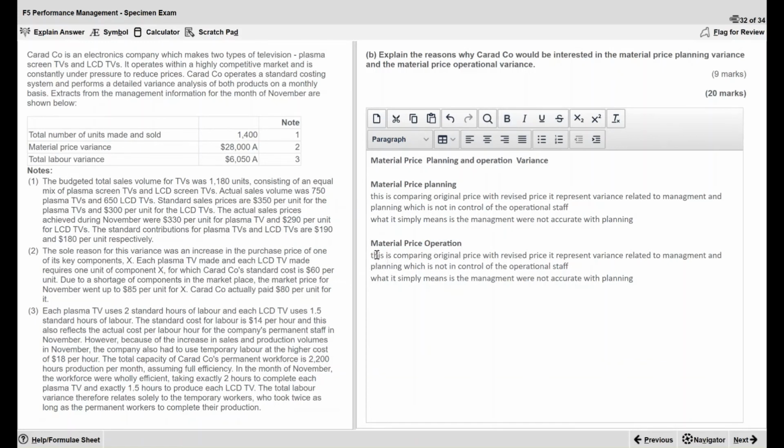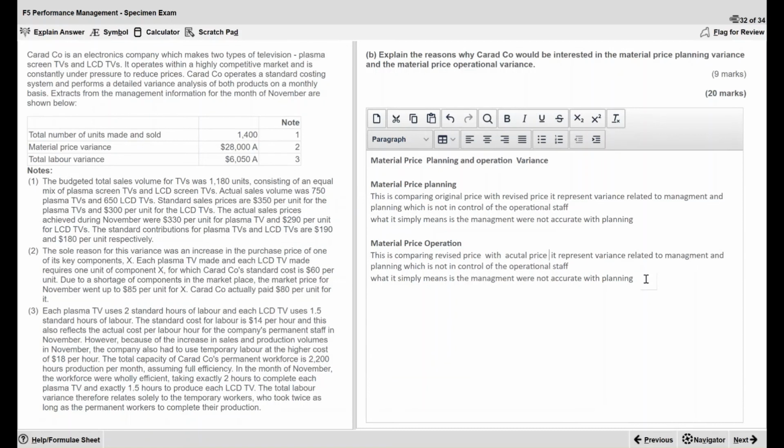This is comparing. Remember, you could just write and then later on correct it. This is comparing original revised price with actual price.